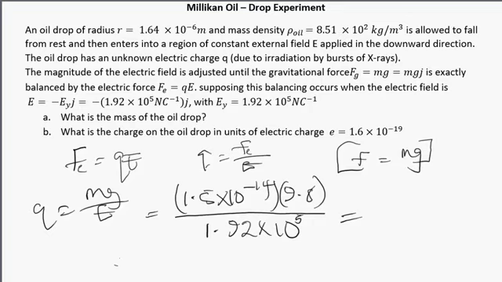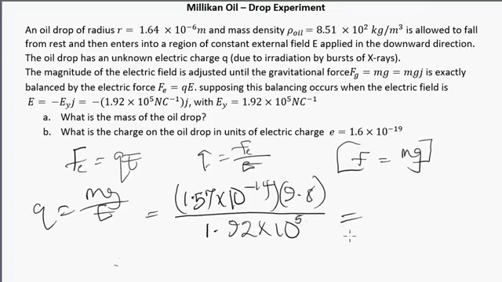So this is 1.57 times 10 to the power of minus 14, multiplied by the acceleration due to gravity, which is 9.8 meters per second squared, and then this is all divided by the electric field, which is 1.92 times 10 to the power of 5.